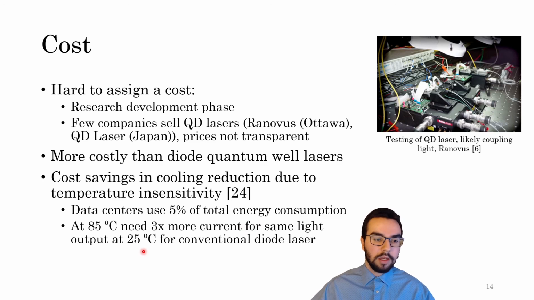So a quantum dot laser, being much more insensitive to temperature fluctuations, would not require much more current from a temperature change, which means that the cooling does not need to be as aggressive.